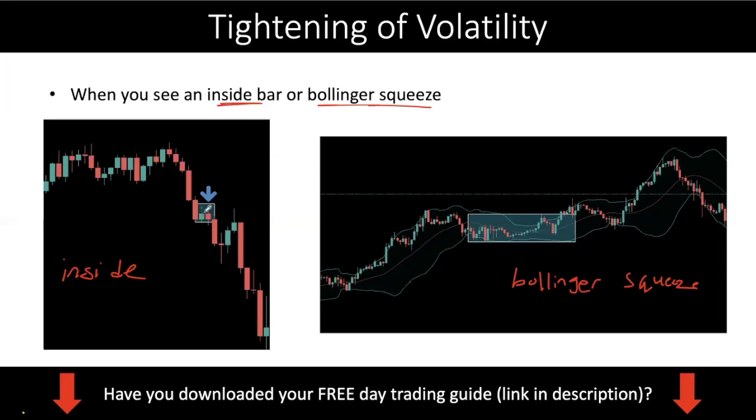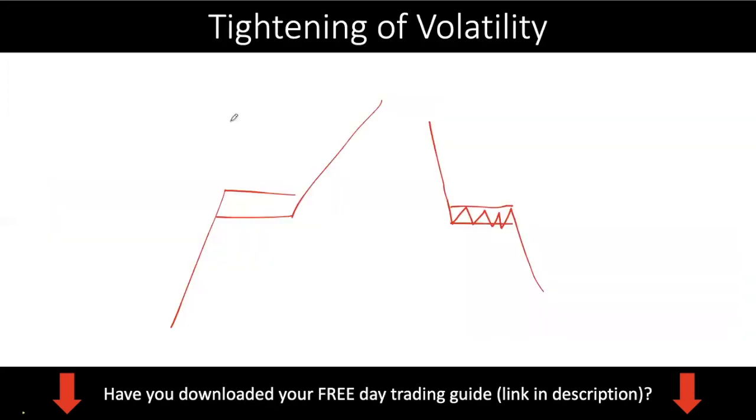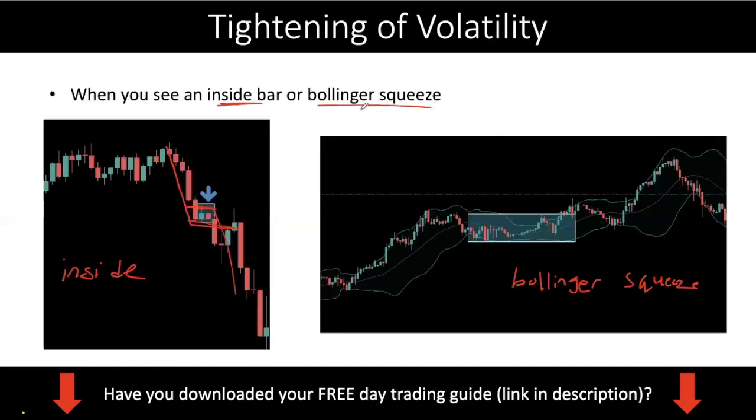So you can see inside bar, price has been moving down, and after that it starts consolidating in a very tight range, and then it breaks down. Okay, so remember earlier on I drew this pattern over here. So this is actually the inside bar. You can see that price has been really moving, and then it starts consolidating before it expands. So basically the volatility tightens, and after a tightening of volatility, you expect price to extend.